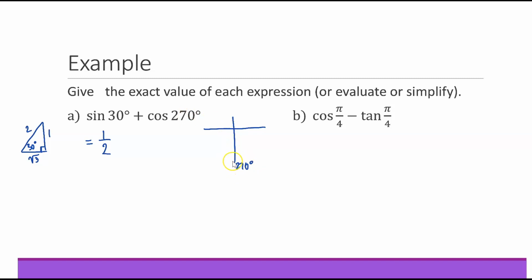Here we have 270 degrees, and I can think about really any point I want on my quadrantal angles on that particular axis, and the easiest thing to do is think about the point that's a unit away, just a single unit away. So here it's going to be (0, -1), so that radius is 1. And I can simply say, well, cosine, that's the x value, right? It's x over r, but since the radius is 1, we can simply take the x value, which is 0.